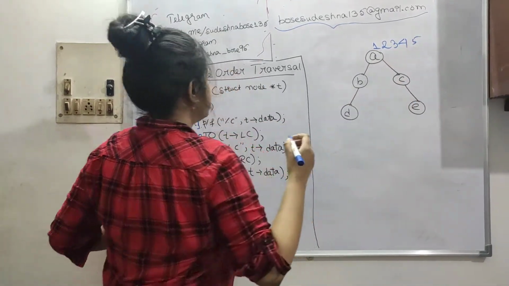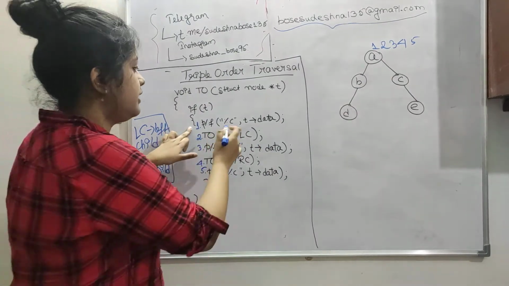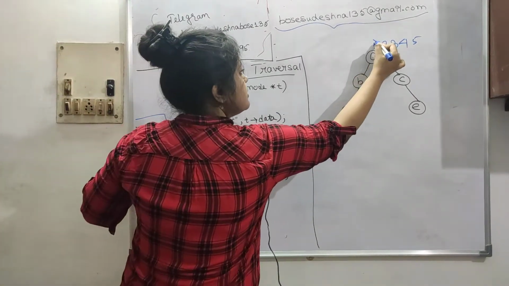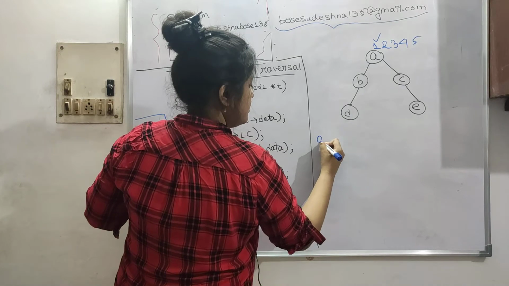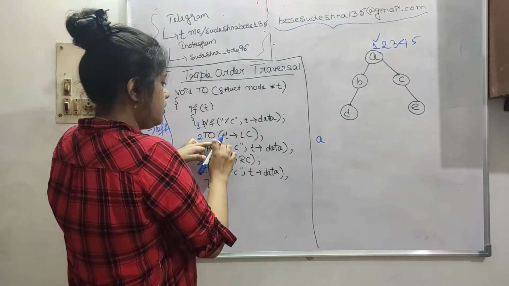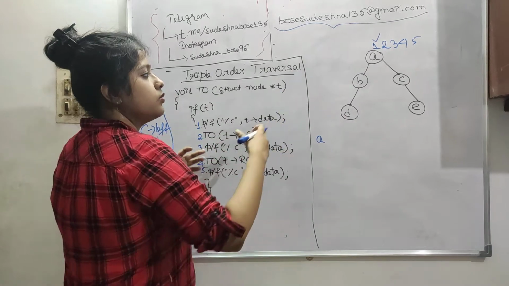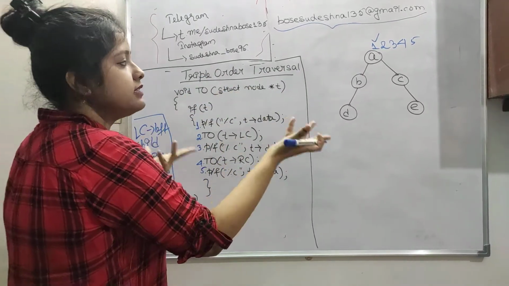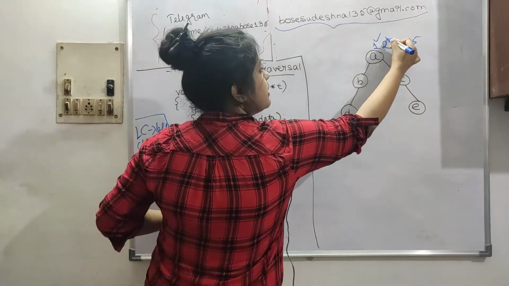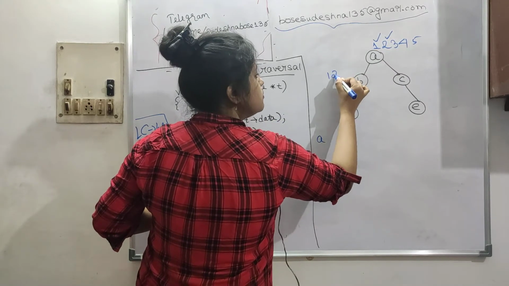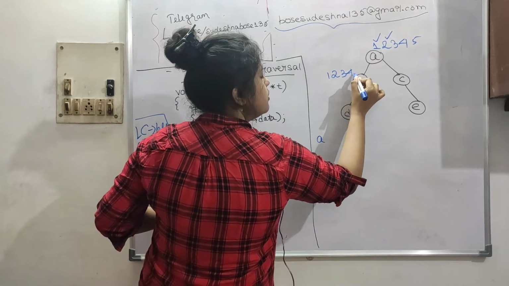There are 5 lines. First printf T arrow data, just print the data. Now TO T arrow LC means we go to our left subtree. So put a tick mark here and write 1, 2, 3, 4 and 5.